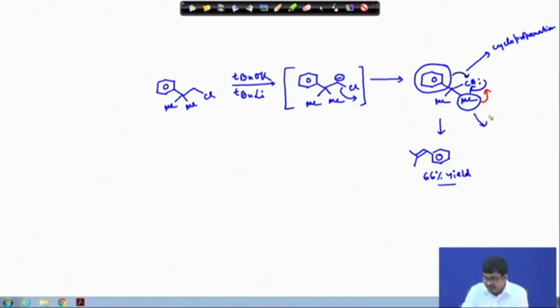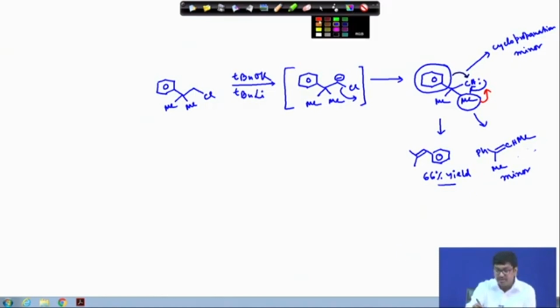Whereas, if this methyl migrates, then obviously what will form? In this case what has been found is that this is a very minor amount, this is also minor, whereas this one is the major product.